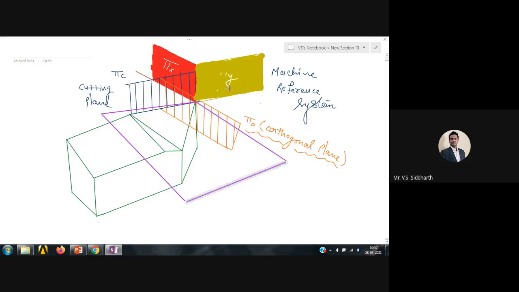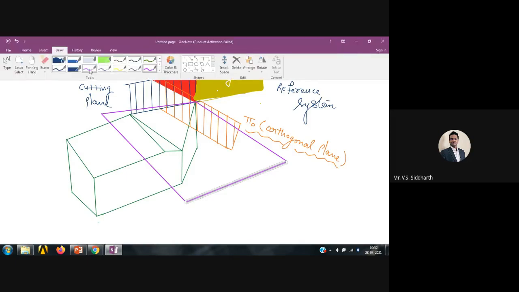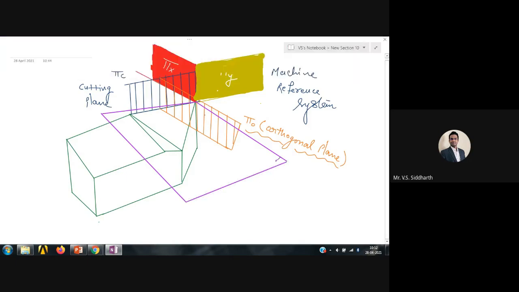Now, I will be measuring angles with respect to these two planes.